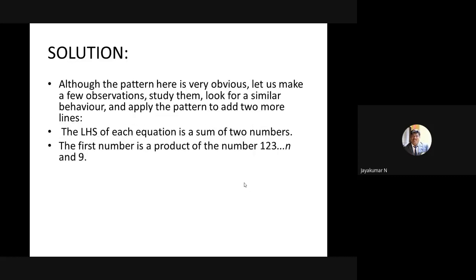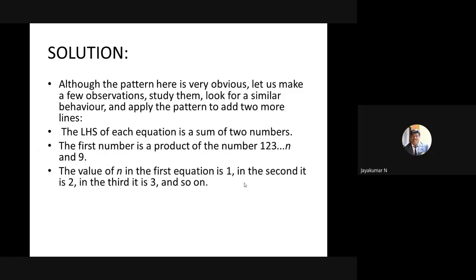The second observation, the first number is a product of the numbers 1, 2, 3, etc., n and with 9. Okay, first number, as I already told, LHS is the sum of two numbers. So the first number is a product of n numbers, starting with 1, then again multiplied by 9.